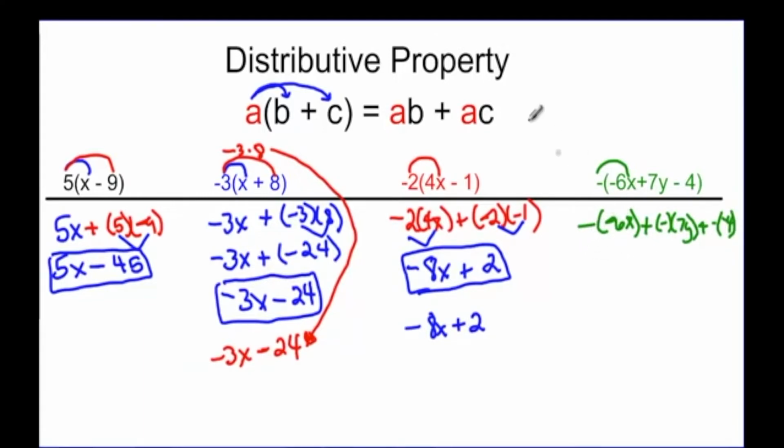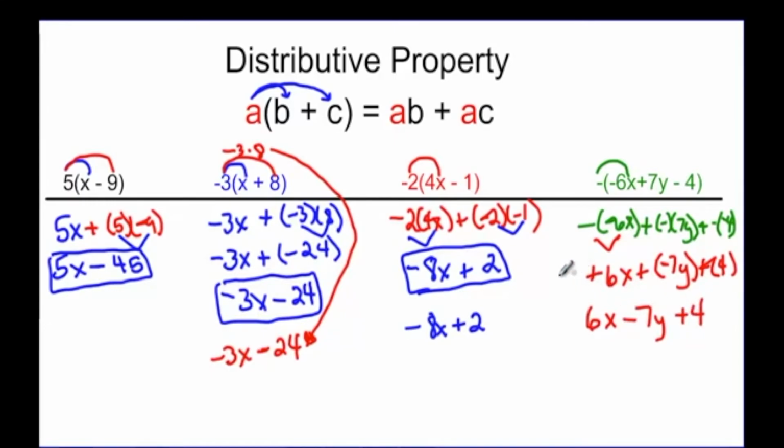A negative times a negative then becomes a positive 6x, and then plus a negative times a positive would be negative 7y, and then plus a negative times a negative here. Negative times negative 4 would be a positive 4. So rewriting it would be 6x minus 7y plus 4.